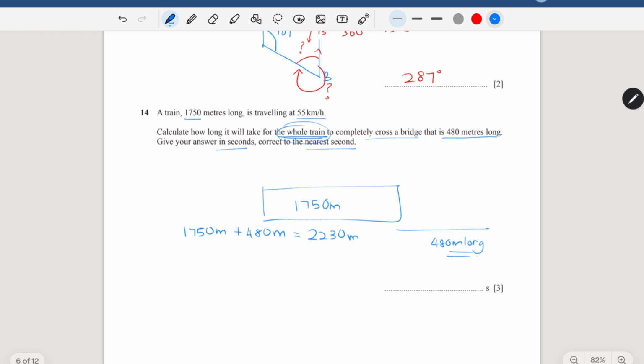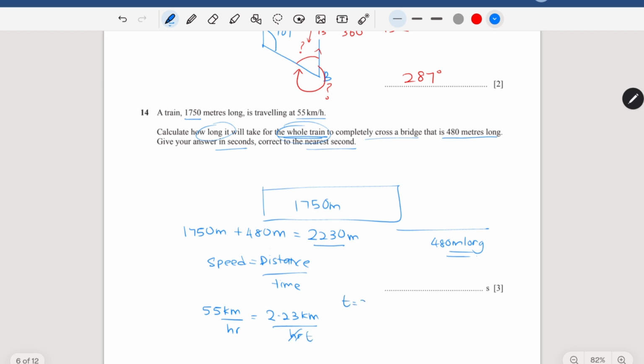Now the question is asking how long it will take, so they are asking for the time. We know the formula: speed equals distance over time. The speed is 55 km per hour. Your distance is 2230 meters, but we want to convert to kilometers. If you convert to kilometers, you just move 3 places to the left, so you will get 2.23 kilometers. Then you can find your time, in hours.